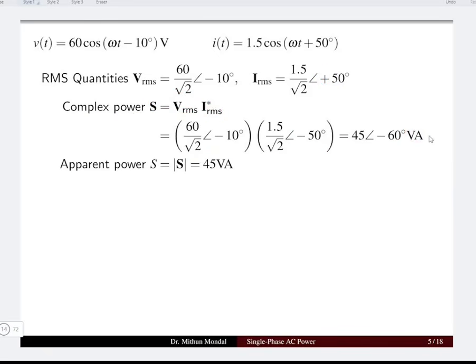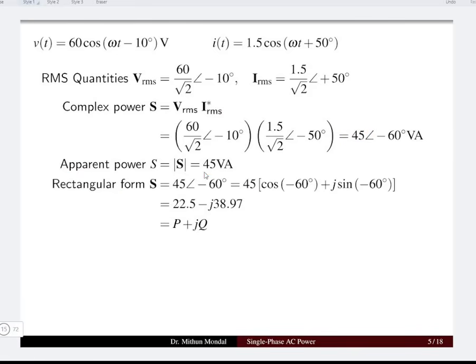Now once we have got the complex power, the apparent power is nothing but the absolute value or the magnitude of the complex power, which is 45 volt ampere. If we represent this complex power in rectangular form, we have 45 cos of minus 60 plus j times sine of minus 60, which gives 22.5 minus j 38.96.